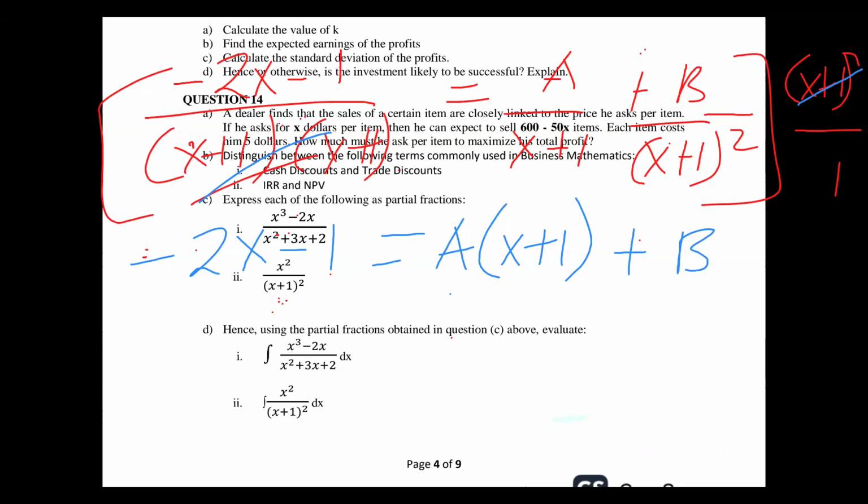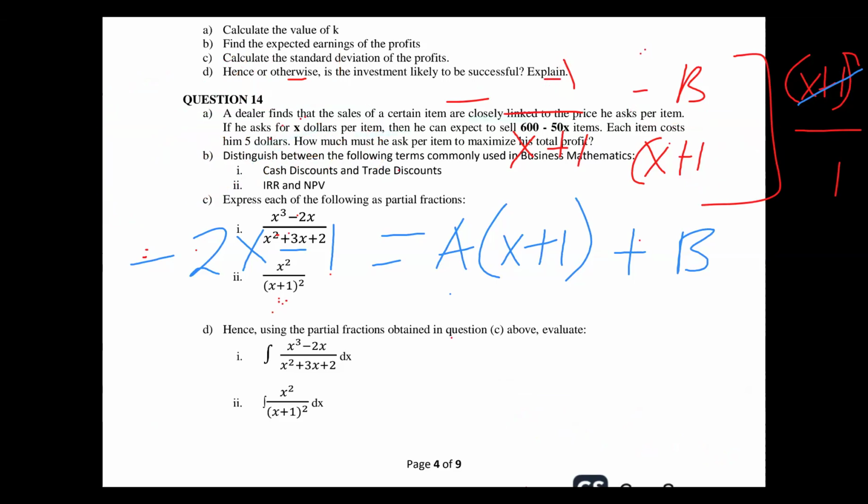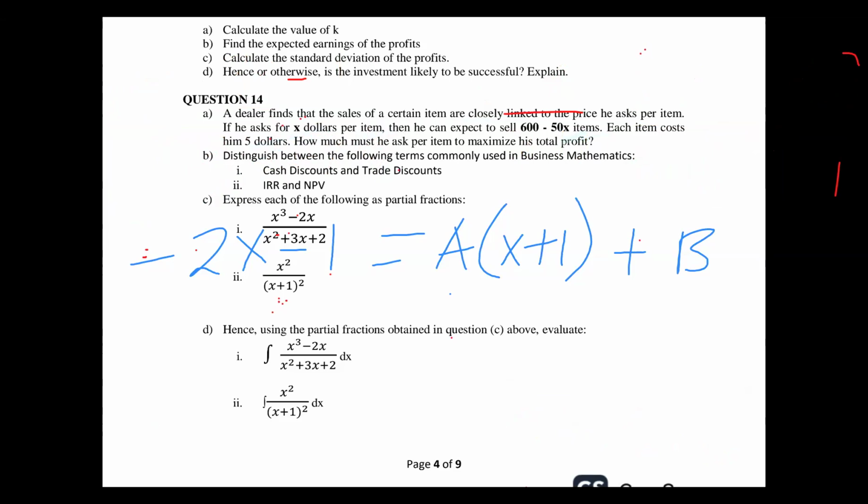To work this out, you can get any random values of x: 0, 1, 2, 3, and negative 1, negative 2, negative 3. Let's say x is equal to negative 1. Then we substitute negative 1 everywhere there is x.